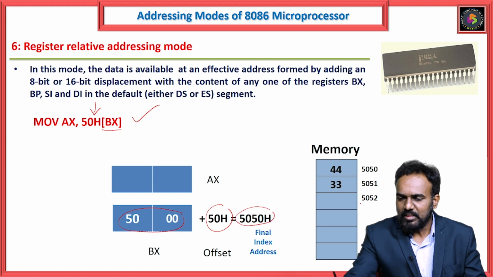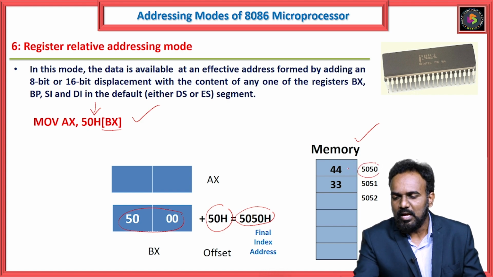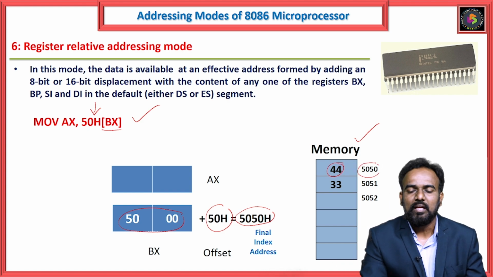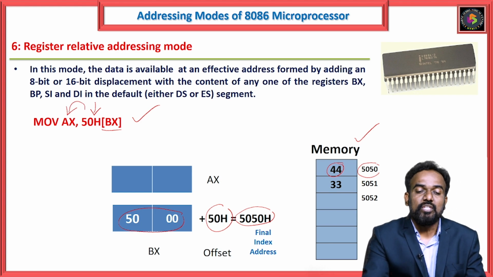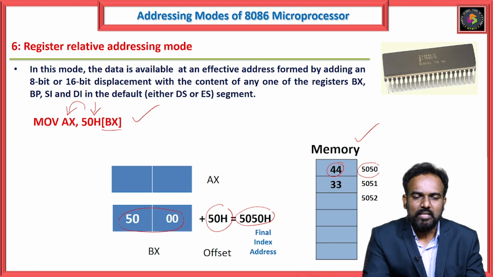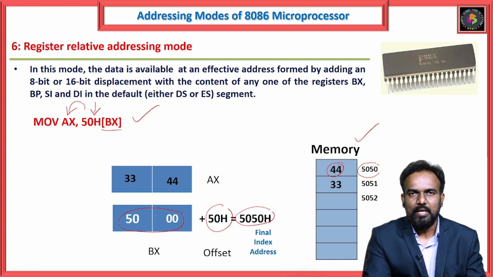Now if you check the memory, 5050H has some data, and that data we are going to move into the AX register. This type of addressing we usually call the register relative addressing mode. In that way, the AX is going to hold 33 and 44 in the split registers AL and BL.